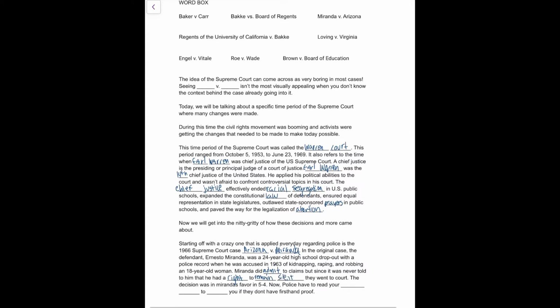The decision was in Miranda's favor, 5-4. Now police have to read you your Miranda rights. So it was named after that. To arrest you if they don't have any first-hand proof.